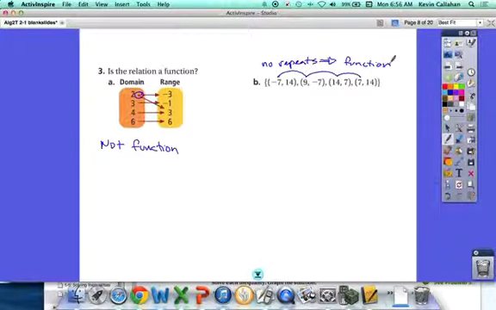And the one thing to notice in here is that there actually are repeats in the y's, right? That's okay. It can still be a function if it has repeated y values.